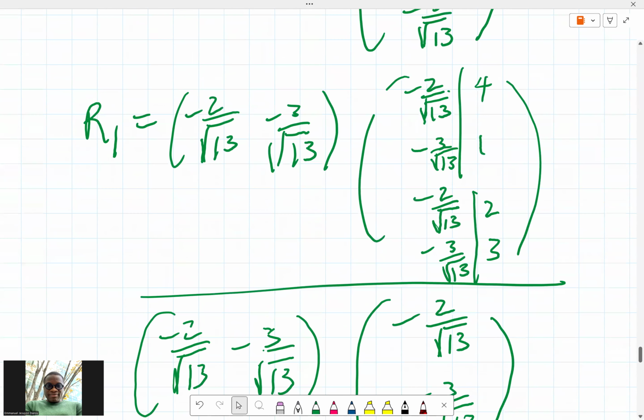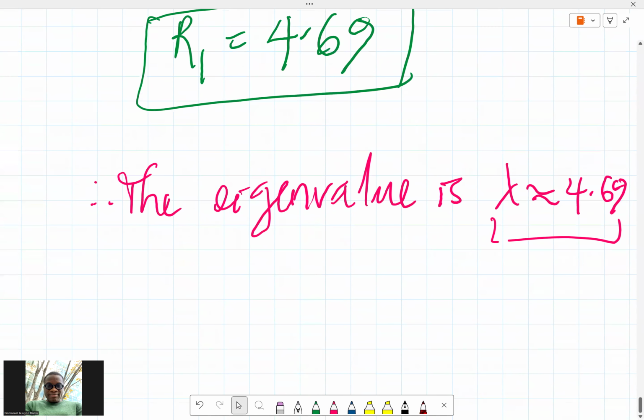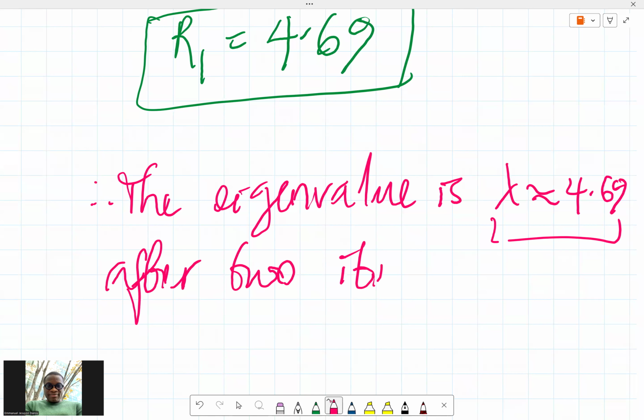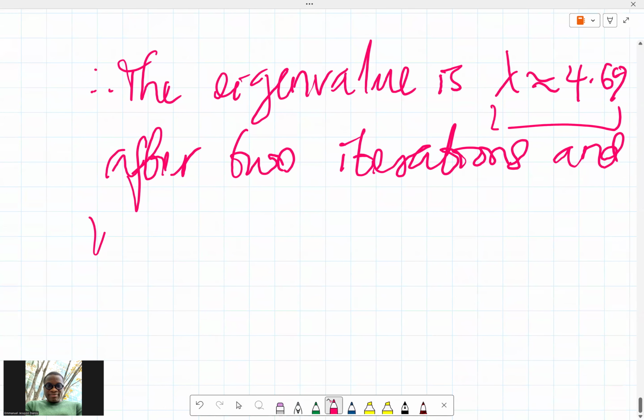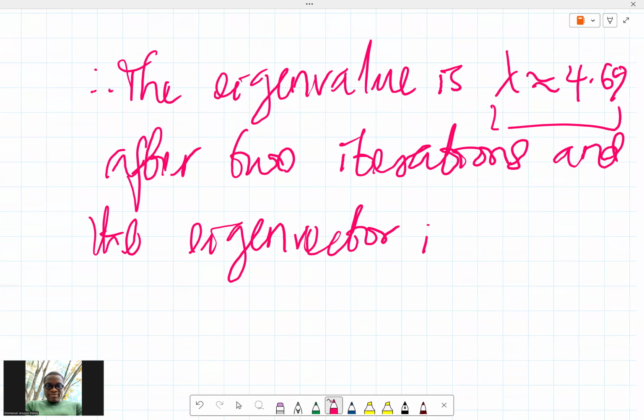So the eigenvalue, lambda, is approximately 4.69 after two iterations, and the eigenvector is minus 2 over root 13, minus 3 over root 13.